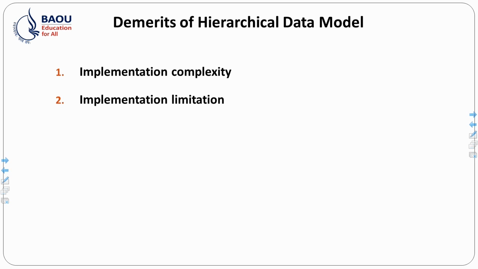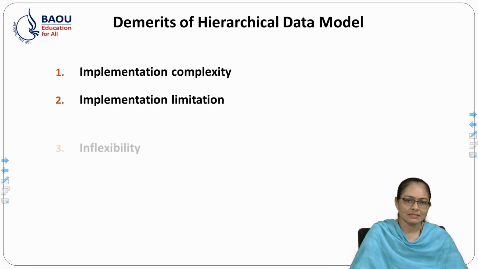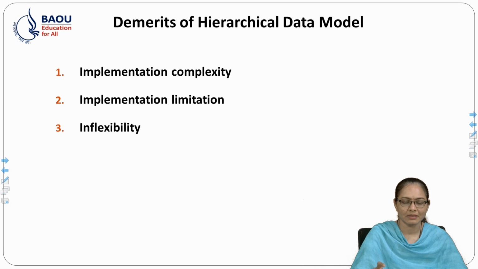So implementation is limited because many to many relationships are not allowed here. Only one to many relationship and many to one relationship is provided. Now the next is inflexibility. What do you mean by inflexibility? Because it uses the tree structure using links, when a parent node is removed, the child node is automatically removed.